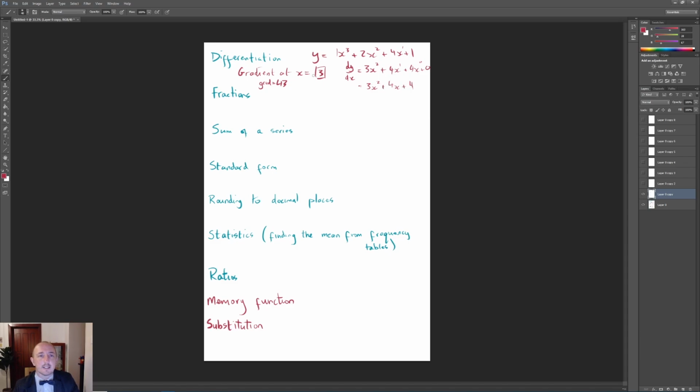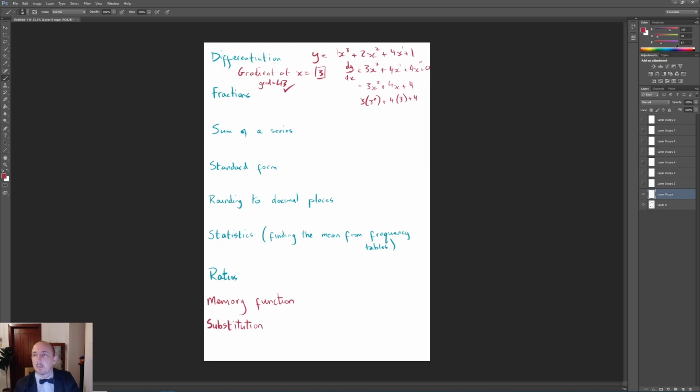Let's substitute x equals 3 into here. So 3 lots of 3 squared plus 4 lots of 3 plus 4. So it's 27 plus 12 is 39 plus 4, yep, that's 43. So we've double checked our differential when x equals 3.